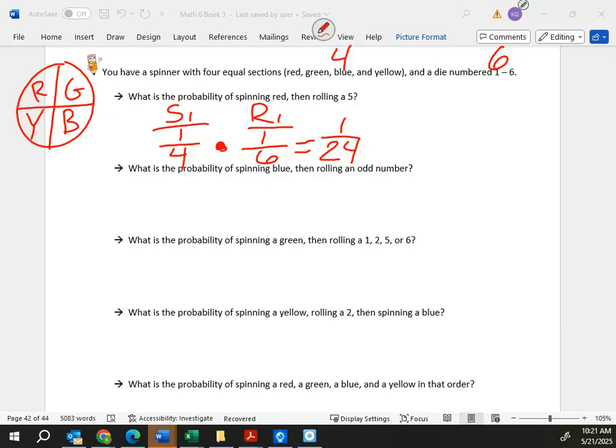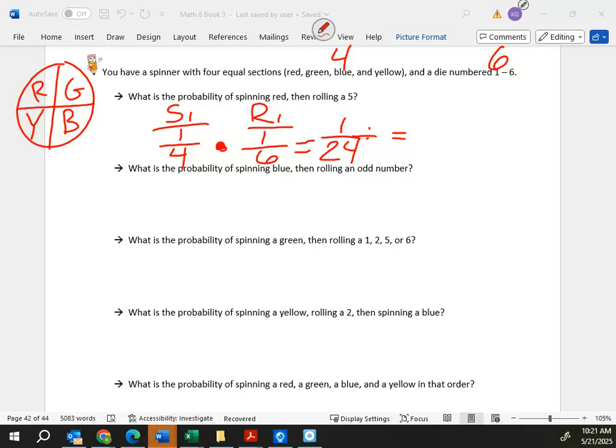Then what do I have to do? Emma? Divide. Divide the top number by that bottom number. What is 1 divided by 24? Bennett? 24. Nope. 1 divided by 24. You did it the wrong way. You did 24 divided by 1. Our 1 is on top.